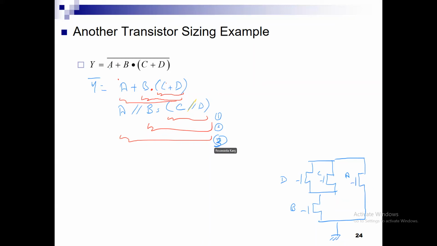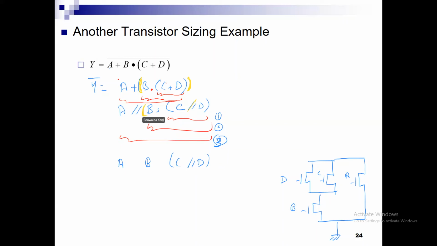Okay, and then we will have for the pull up the dual, meaning we're going to write A, B, and then C parallel D. Now here we need to pay attention to how the precedence goes because we maintain it. Okay, so I'm going to inject here the brackets, this was the second block.